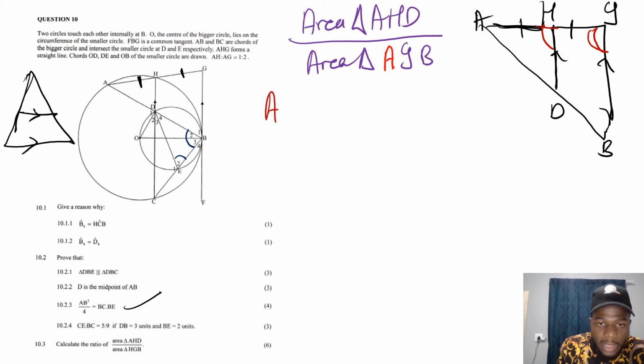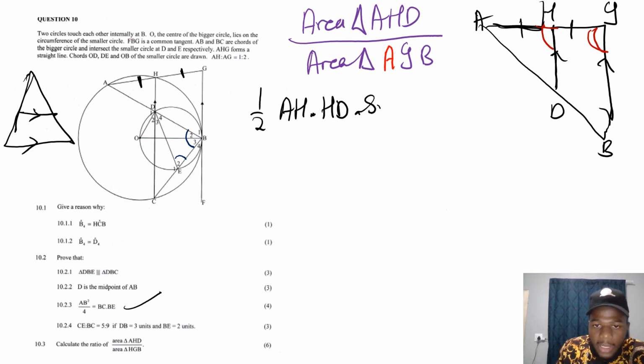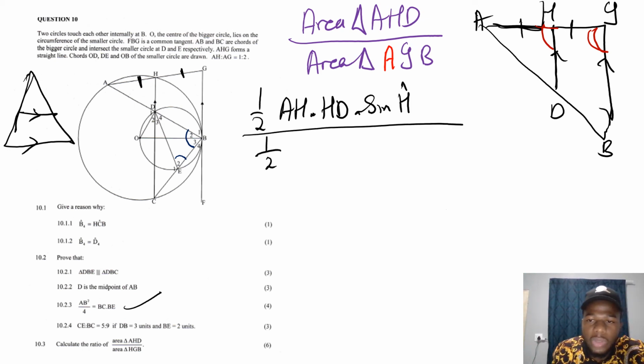So here it is. Let me write the correct area. I'm starting with the area of triangle AHD. It is half AH multiplied by HD, multiplied by sine of angle H, divided by half. Now I'm going to triangle AGB.